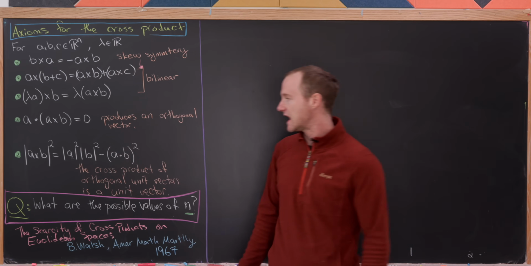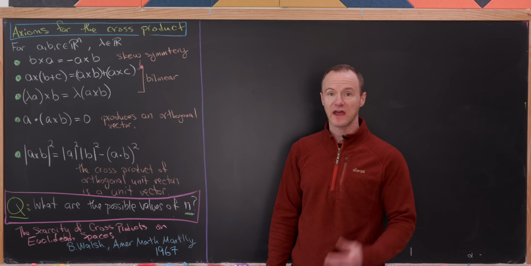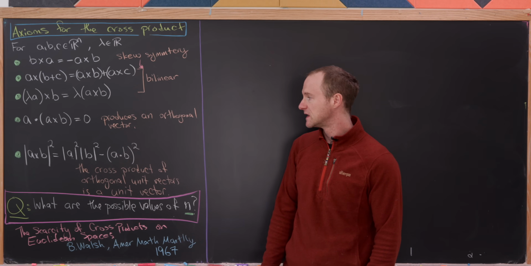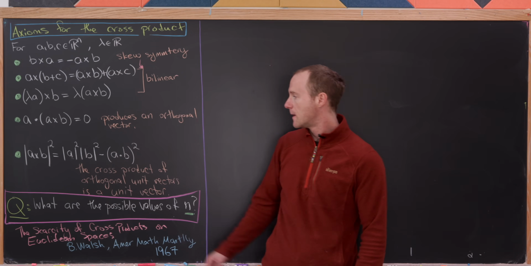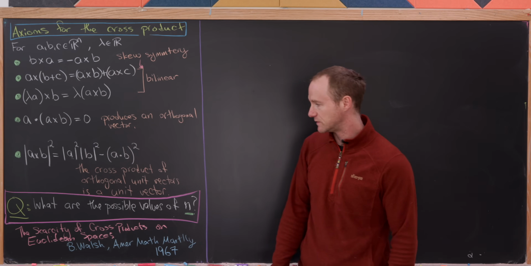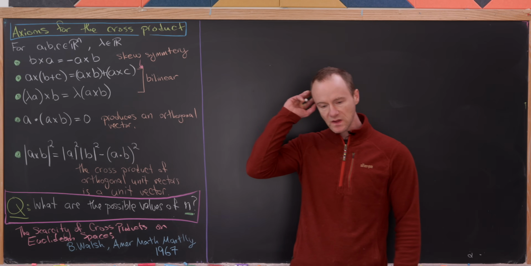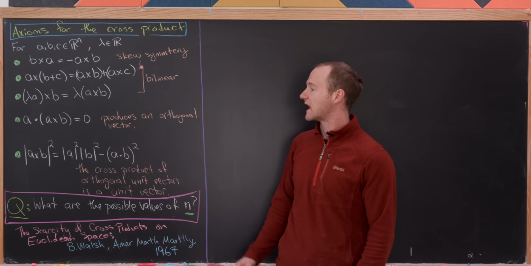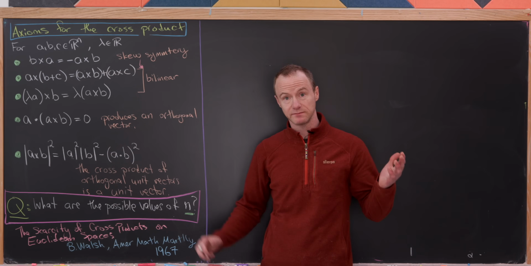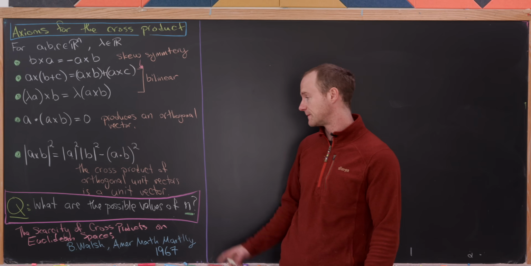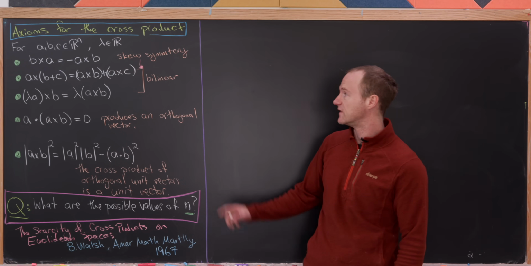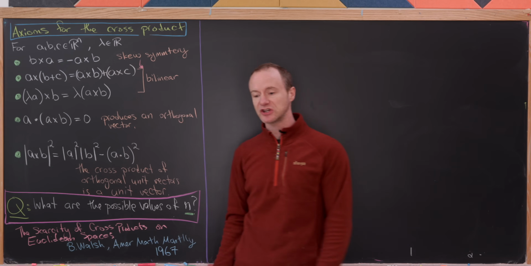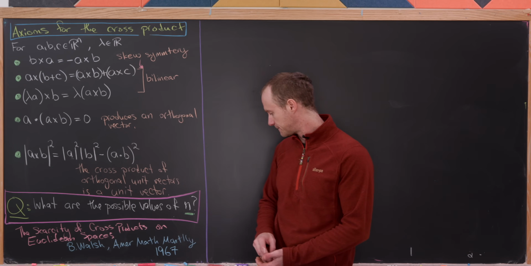So we have the length of A cross B, squared, is equal to the length of A squared times the length of B squared minus (A dot B) squared. Okay, so now that we've got the axioms for a cross product, let's state our question. And that is, what are the possible values of n, this dimension of the space that we're working on?